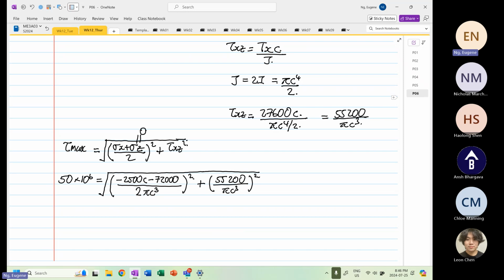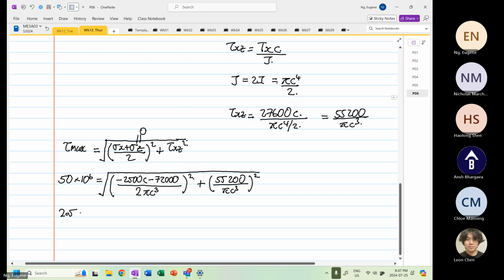Now what I'm going to do is bring the square across. So 50 times 10 to the power 6, squared, is equal to 2.5 times 10 to the power 15, not 5, 15.